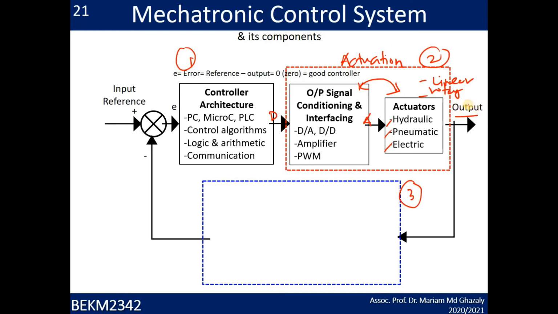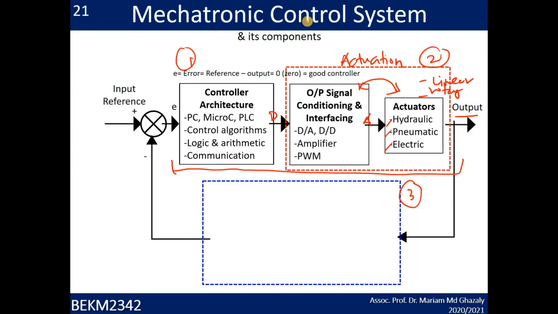Other than that, the output can be a temperature or a speed. So it depends on what type of actuator you have here. And if you have only this block here, meaning the upper block, this is what we call the open loop system.